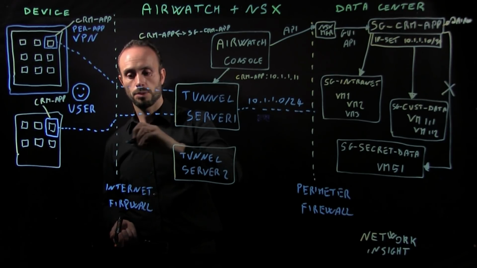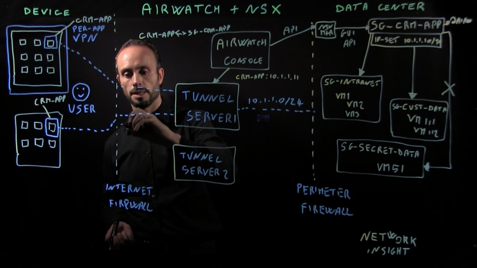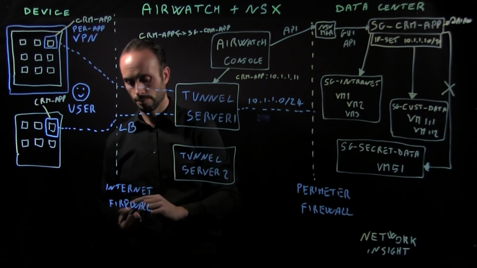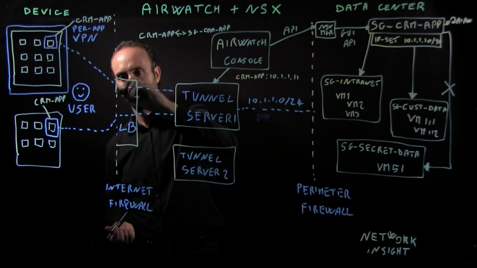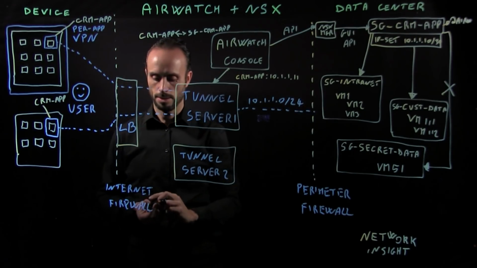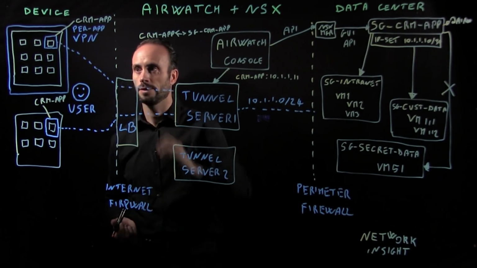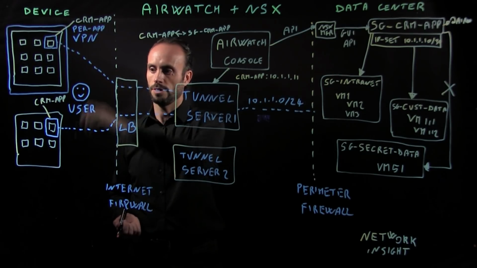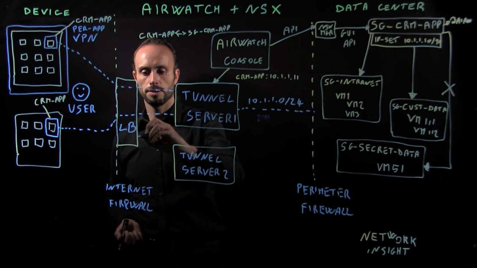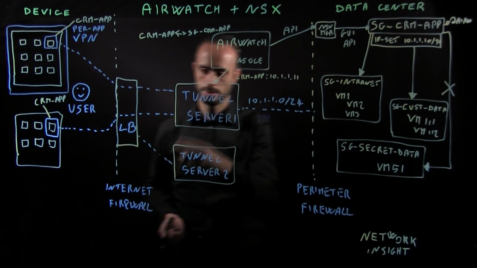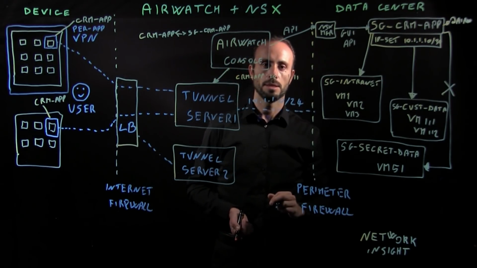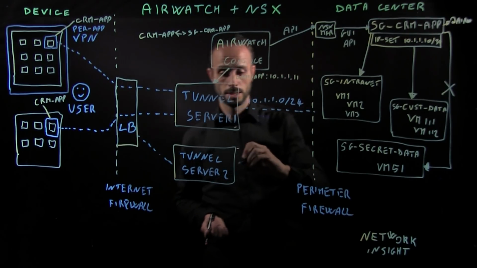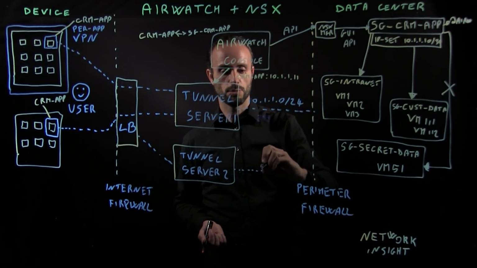What's going to happen is that we are going to need a load balancer here. The load balancer is going to receive connections from all the devices and is going to distribute, according to a specific algorithm, the connections among the available servers.